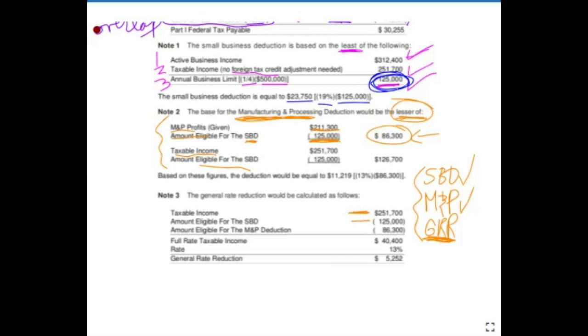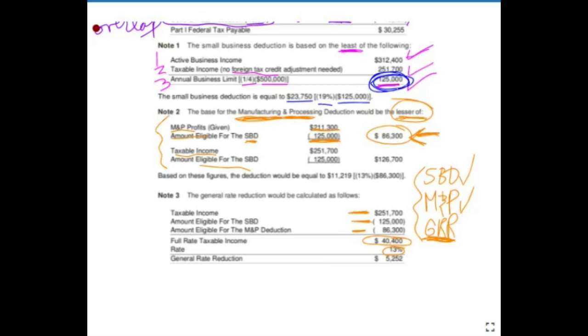We used 125. We applied the small business deduction to. We used 86,300 calculated here in order to do the M&P deduction. That leaves us with only 40,400 left to use the GRR on.